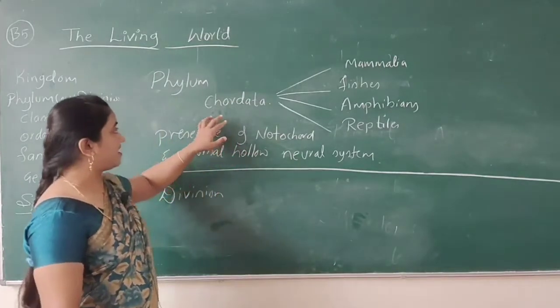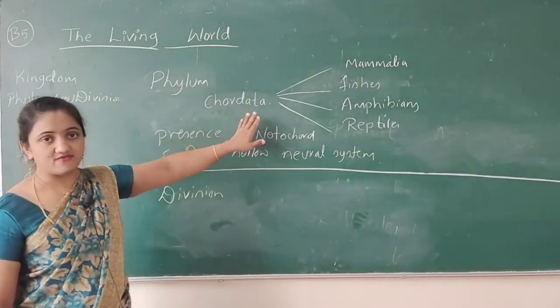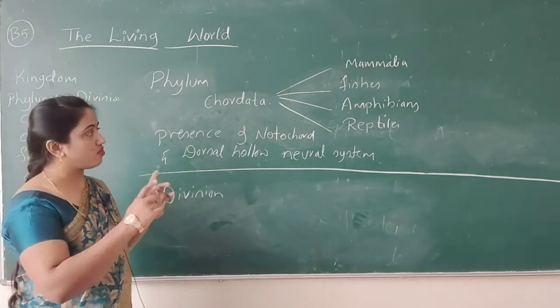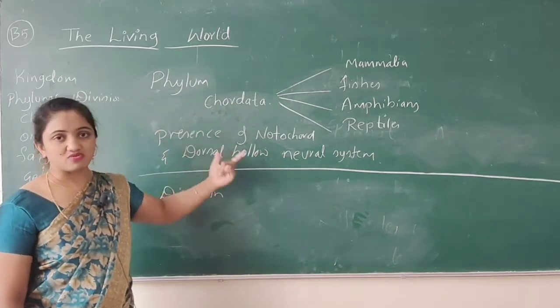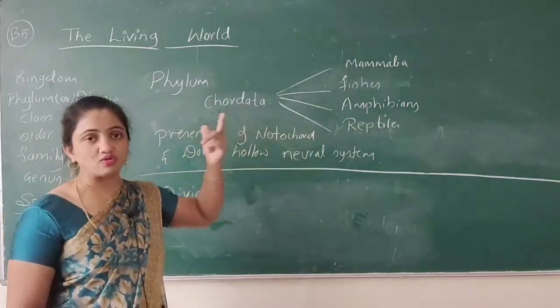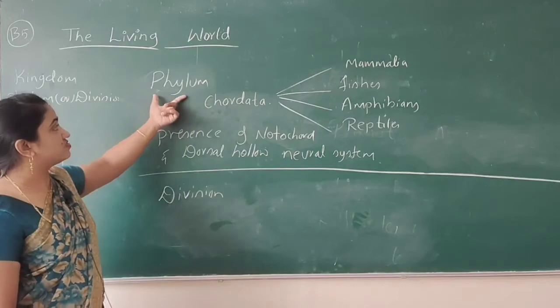So we have taken one example, that is Chordata. When I come to chapter 4, there I will describe all those things, but here you just remember about this. You just learn this concept. So phylum, let me introduce the term.